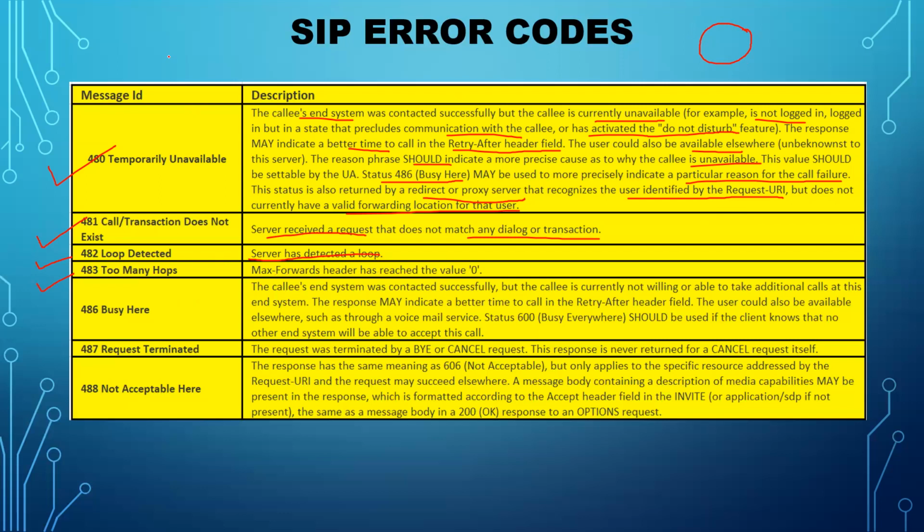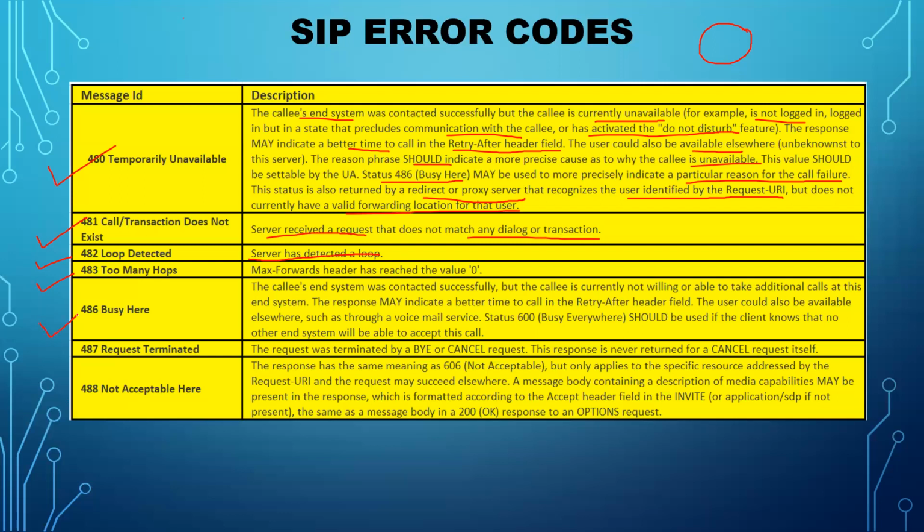If you see the debug messages containing the headers, you will find a header called Max-Forwards, and it contains a value like 70. That means the call can go up to a maximum of 70 hops, a maximum of 70 destinations. If that is 0, then you will be getting this 483 too many hops.